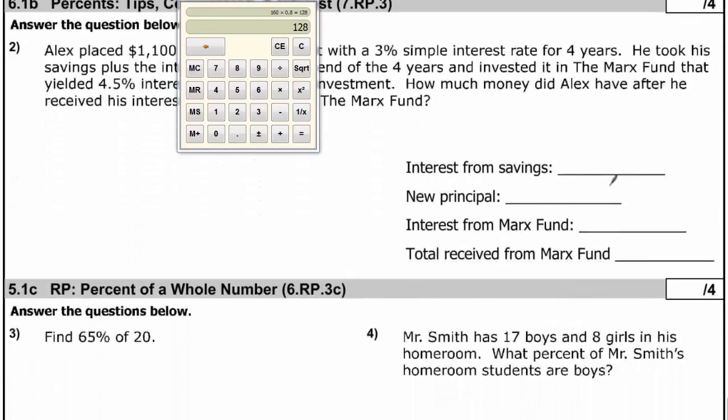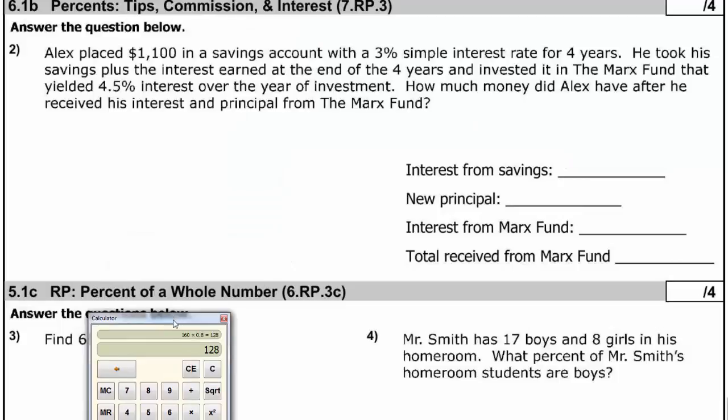Problem number 2. Let's get our calculator out of the way for right now. Alex puts $1,100 in a savings account. So if he's putting that money into a savings account, that represents his principal. We've talked in class about the fact that principal is what you put in the bank. He has a 3% interest rate, and he's keeping the money for 4 years.